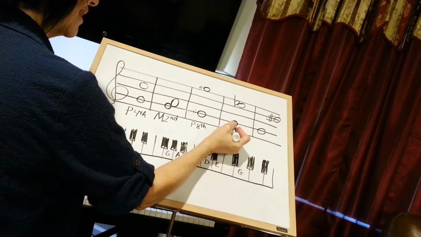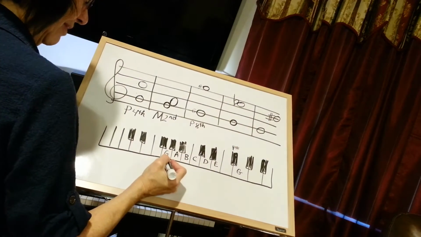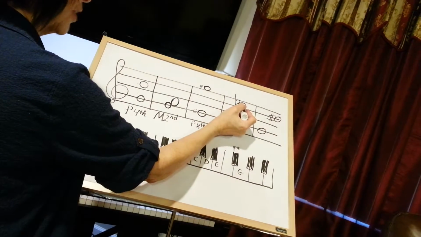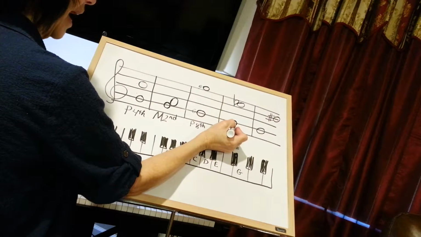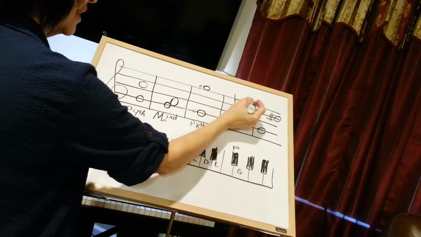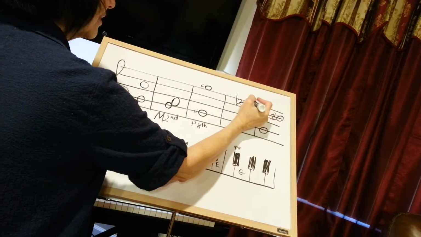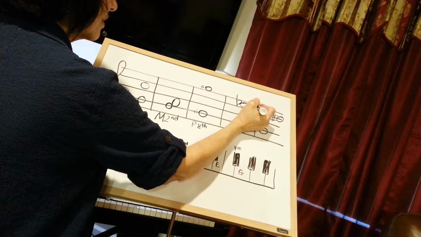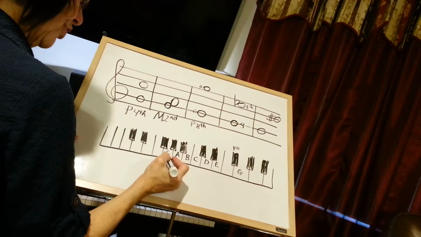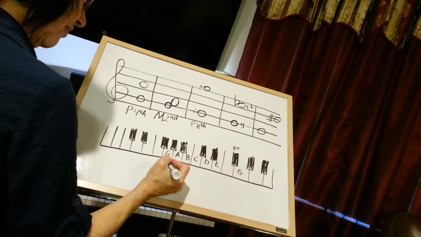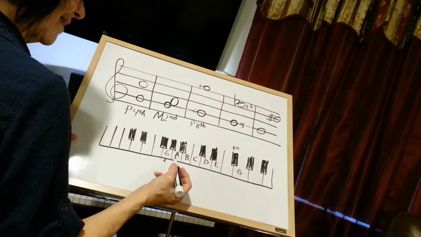What letter is this? G. And how do I find this space note? Use the word face. F, A, C, E. So this is an E flat, and this is a G. All right, here's G. Right here, I'll just put an X. Where's E flat?